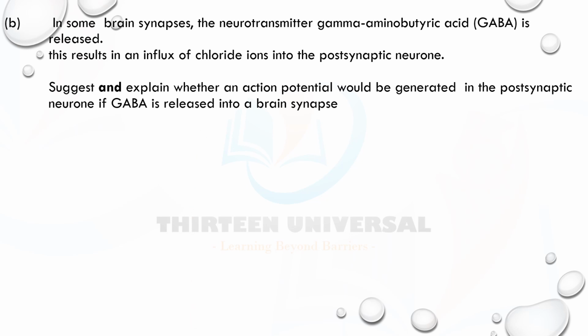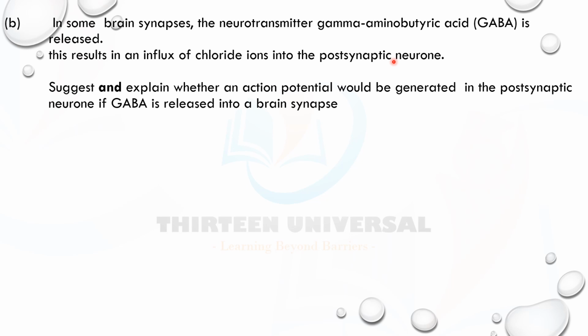So remember that chloride ion is negative. If chloride ion diffuses into the postsynaptic neuron, it will cause hyperpolarization. If it were sodium ion moving in, it would cause depolarization.